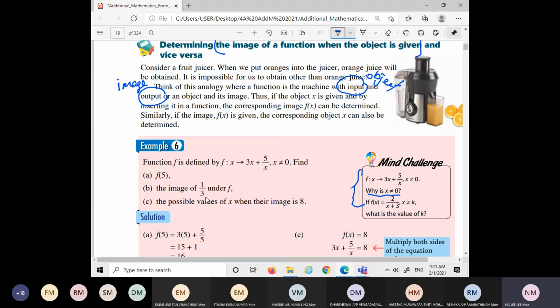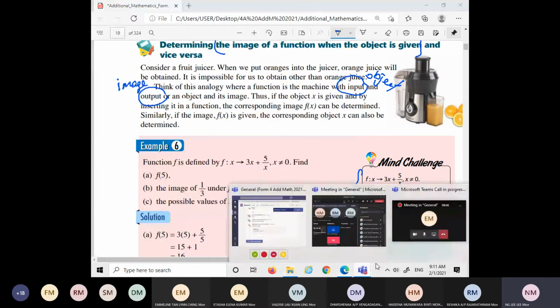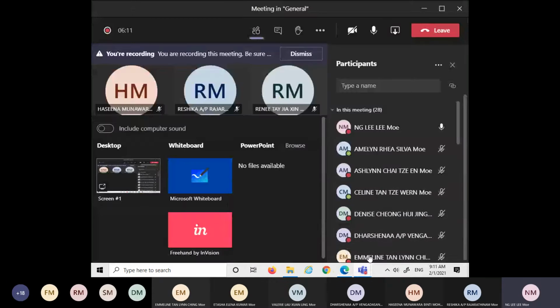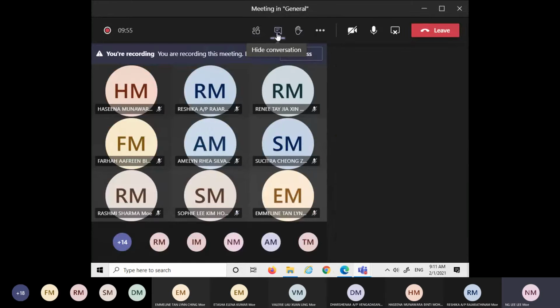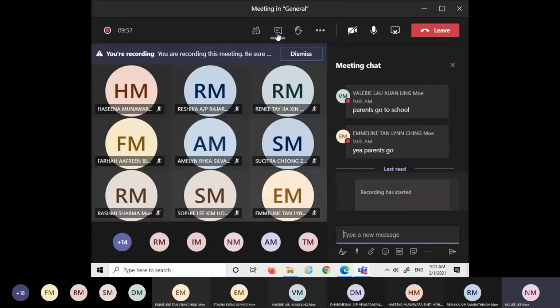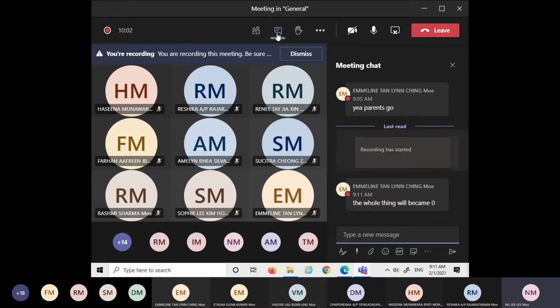Why the x is not equal to 0? Anyone want to give answer? If x equal to 0, the whole thing will become 0.